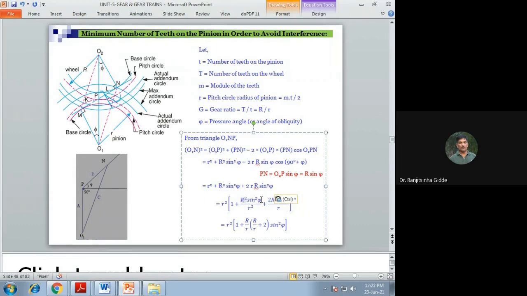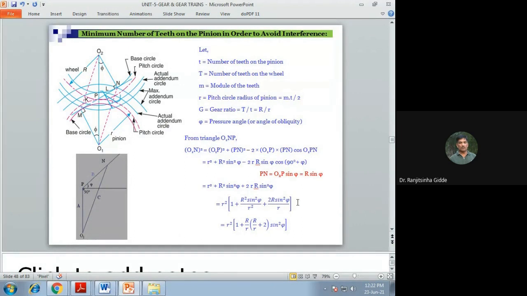So r square sin square phi, here divided by r square. Again from this, r square common, 2r sin square phi divided by r.